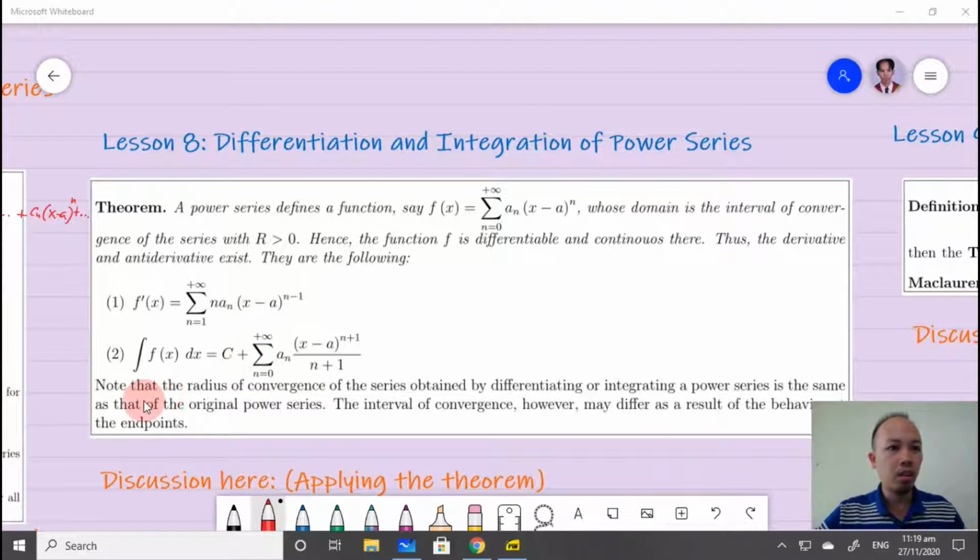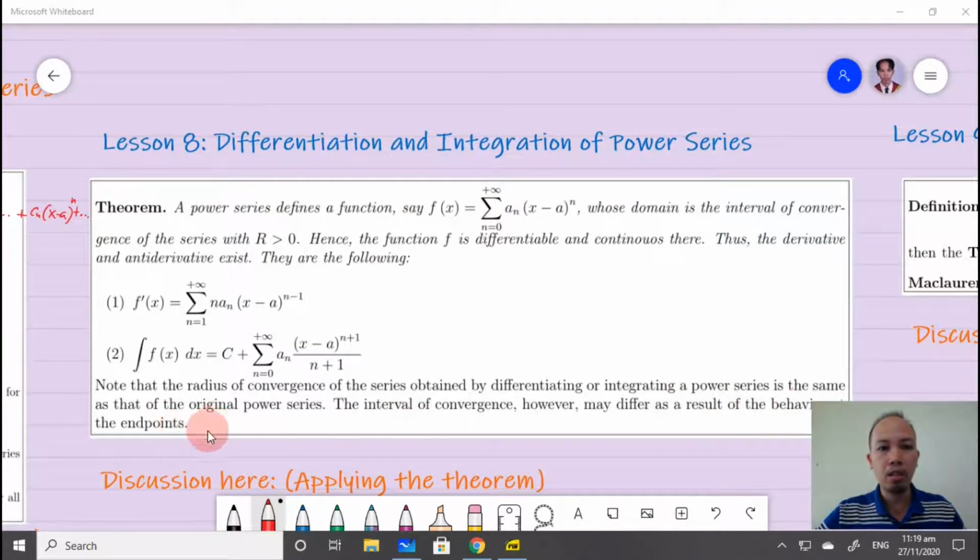And we have a note here that the radius of convergence of the series obtained by differentiating or integrating your power series is the same as that of the original power series. However, the interval of convergence may differ as a result of the behavior at the endpoints.